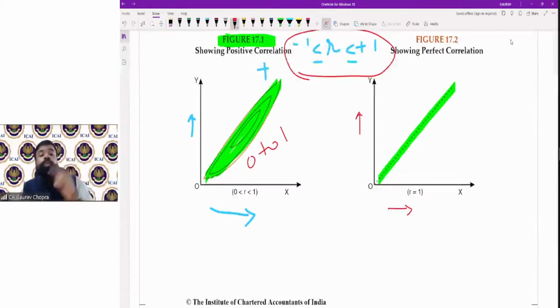So both of them are moving in same direction and with the same values. दोनों में जो change हो रहा है, that is exactly the same. So in such a case, correlation is known as perfectly positive correlation or perfect positive correlation. So it means the value of correlation is only plus 1. Okay, understood?